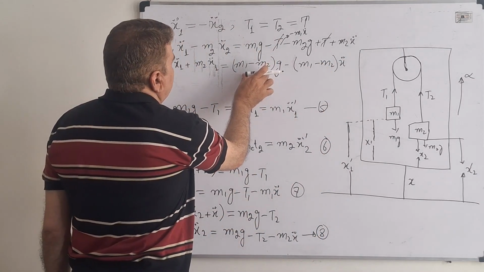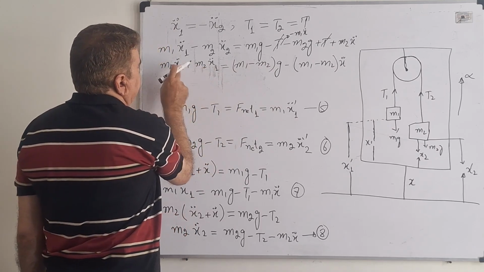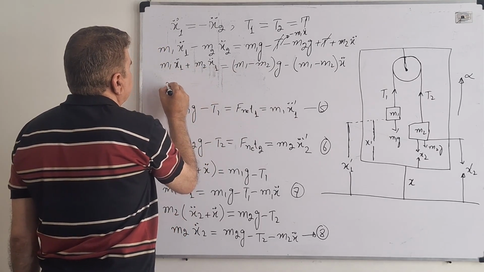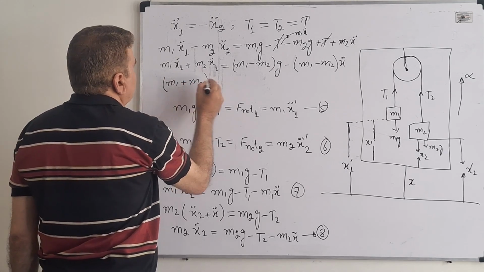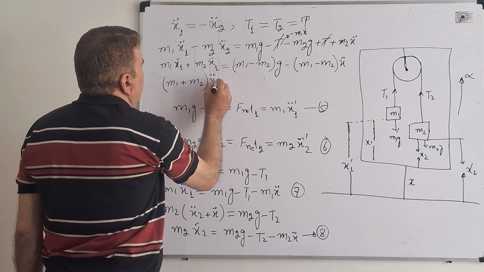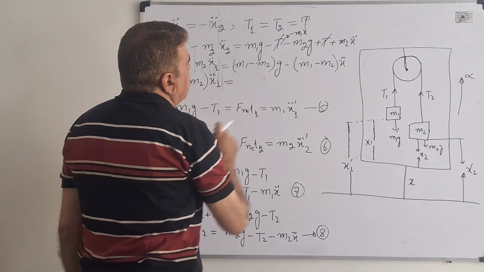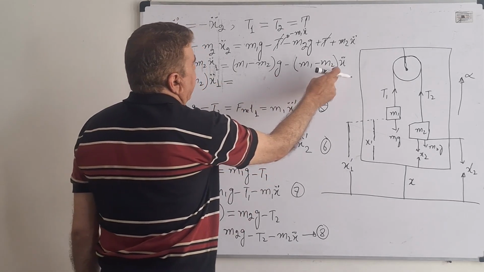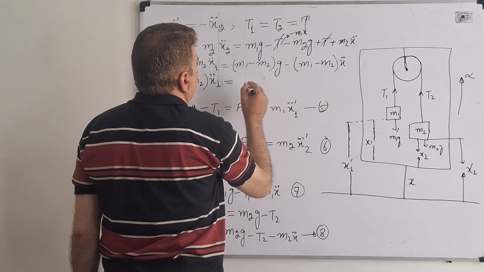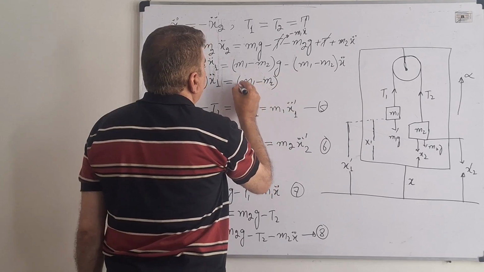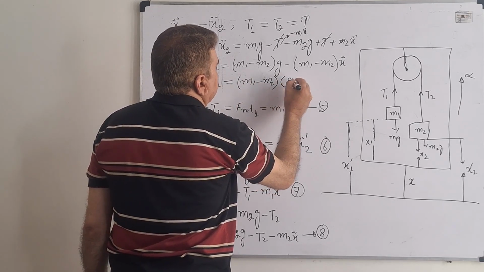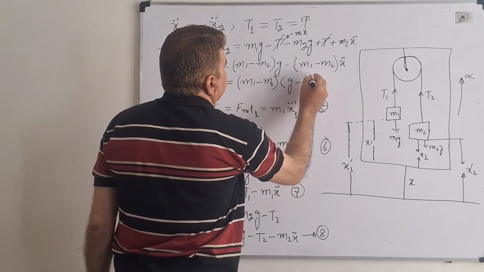Now from these two terms on this side, I can take x double dot 1 common to write m1 plus m2 into x double dot 1 equals, and from these two terms, I can take m1 minus m2 common to write it as m1 minus m2 into g minus x double dot.